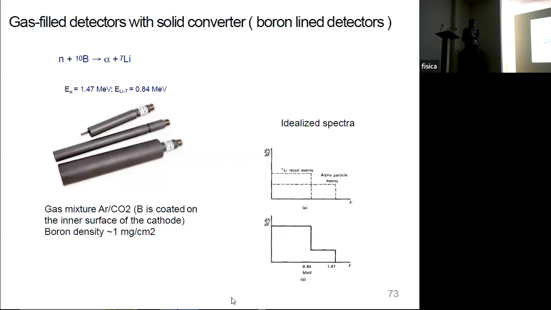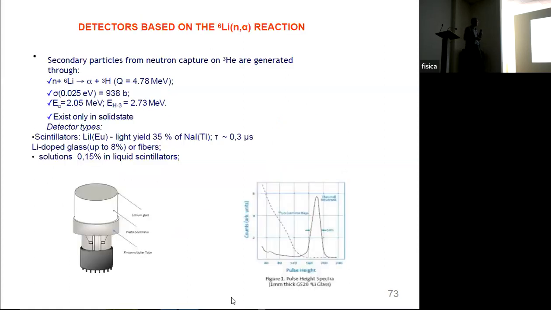You will always get only 1.747 or 0.84 MeV in this case, and you'll get this picture. An idealized picture of your energy spectrum of neutrons, the response function of your detector.